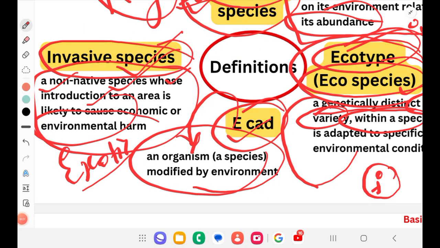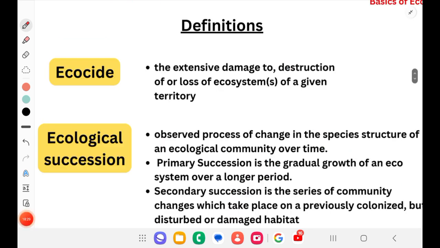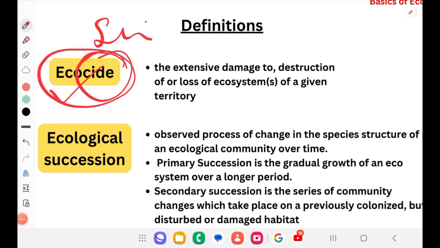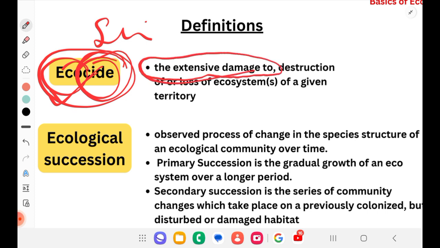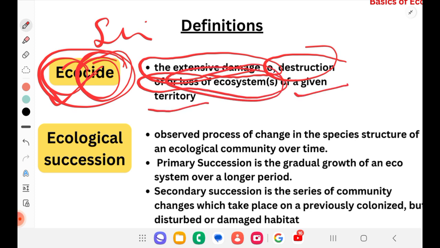Okay. Then we have ecocide. You know about suicide, right? Side. So similarly it is ecocide. Ecologically there is something harmful happening, that is, extensive damage to or destruction of or loss of ecosystem of a given territory. Then it is said to be ecocide.